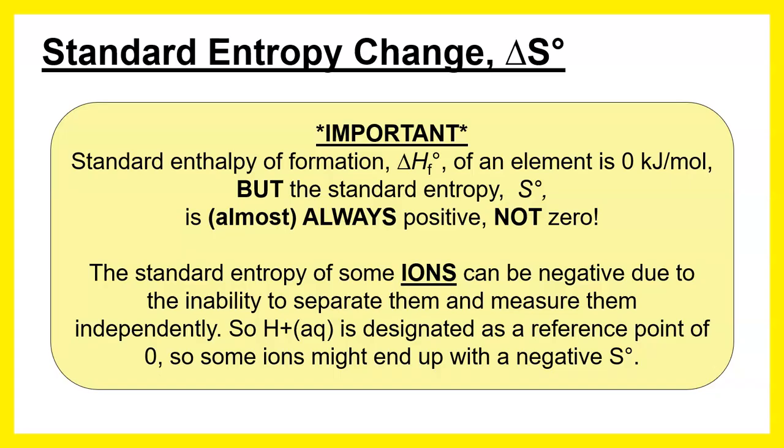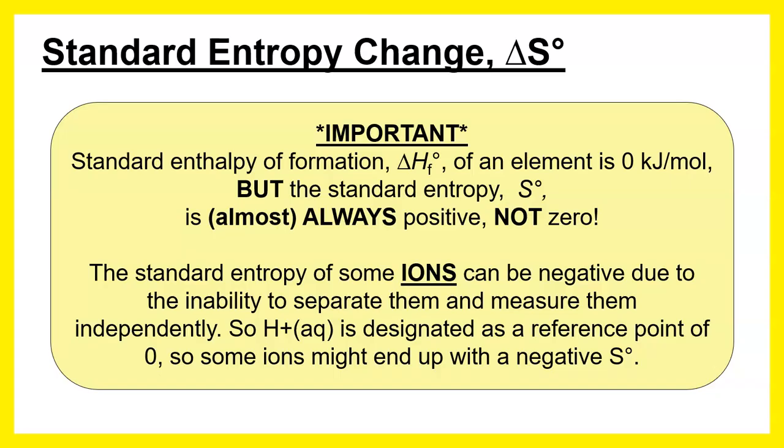There is one time where you might see something a little bit weird, where it shows you that you have a negative entropy. And that kind of throws people, because the idea is that everything has entropy. So how could something have a negative one? And it has to do with how we measure these values. We've kind of decided that the hydrogen ion is a reference point of 0, and we measure everything relative to that.